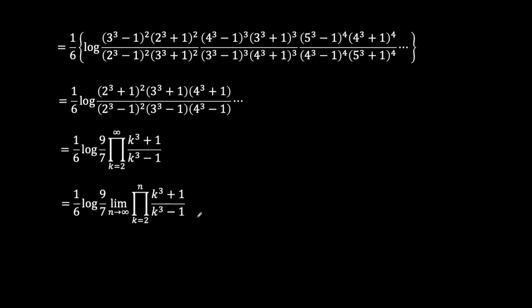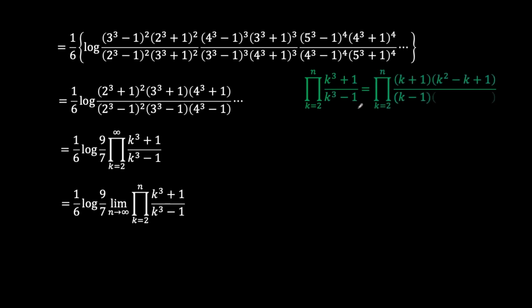So this is very interesting. This is where things really begin to be very, very interesting. This product here can be simplified as follows. Since we have k cubed plus 1 over k cubed minus 1 multiplied n times, when you factorize, k cubed plus 1 is k plus 1 times k squared minus k plus 1, over k minus 1 times k squared plus k plus 1.